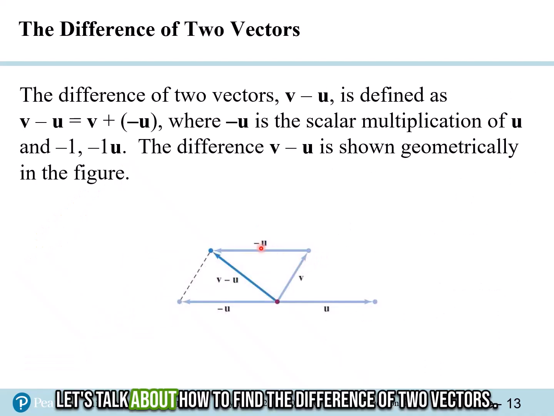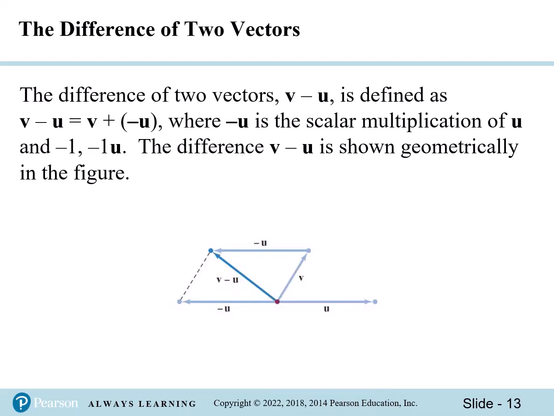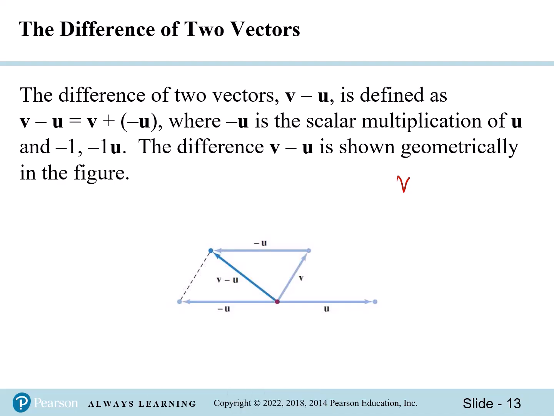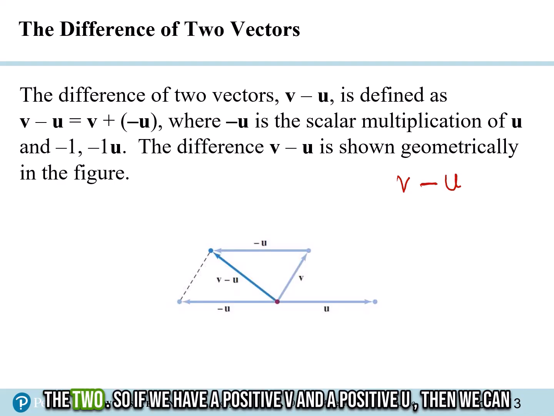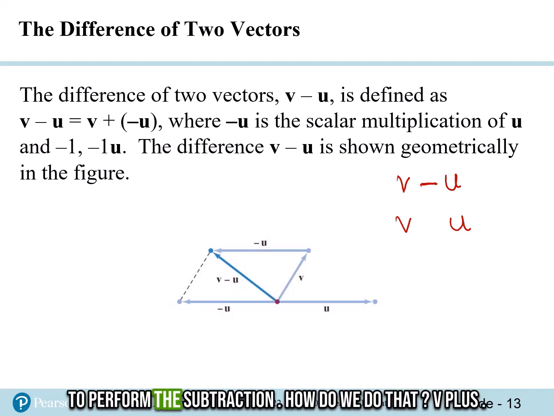Let's talk about how to find the difference of two vectors. Now, subtracting two quantities is the same as adding the negative of one quantity to another quantity. For example, let's say we've been given two vectors v and u, and we want to subtract the two. So if we have a positive v and a positive u, then we can use the addition method to perform the subtraction.